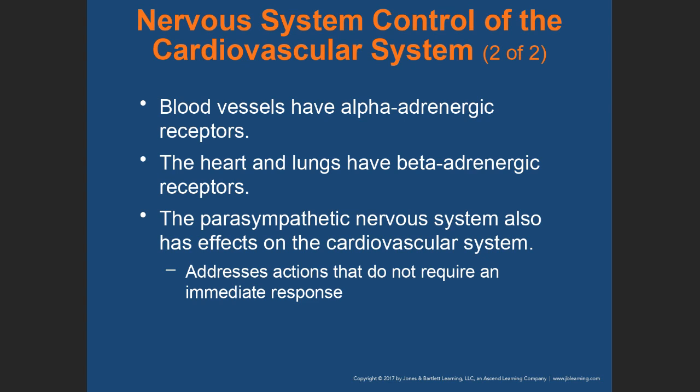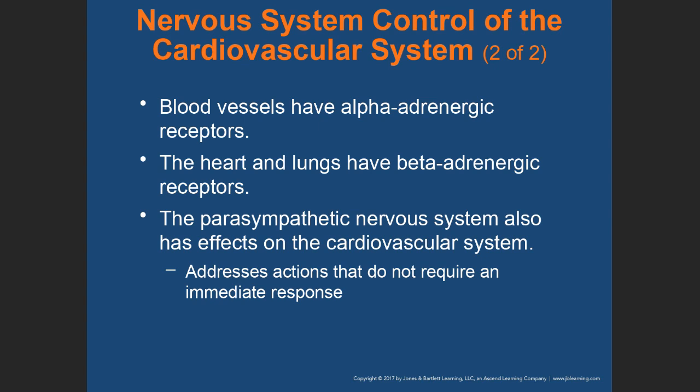The heart and lungs have what is referred to as beta adrenergic receptors, right? Beta adrenergic receptors. And these are the receptors that will be heavily stimulated by epinephrine or adrenaline.